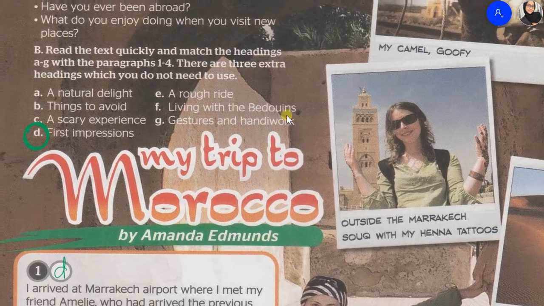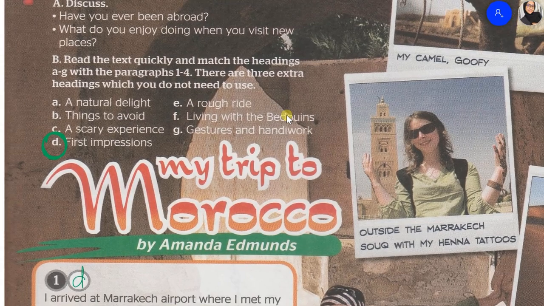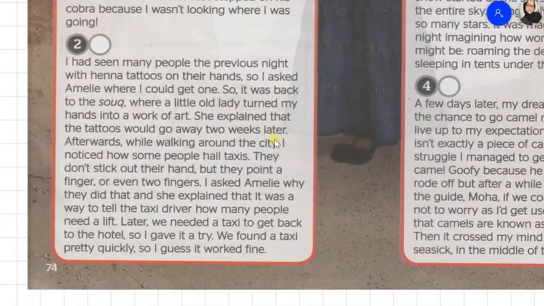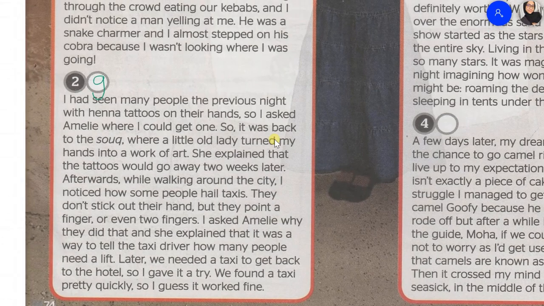So which heading do you think best describes the second paragraph? Is it a natural delight, things to avoid, scary experience, living, yeah, gestures and handiwork, right? Gestures and handiwork.